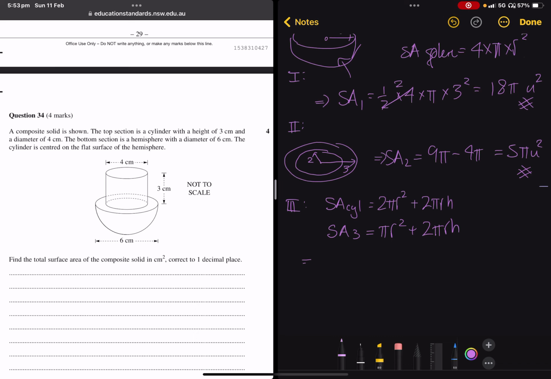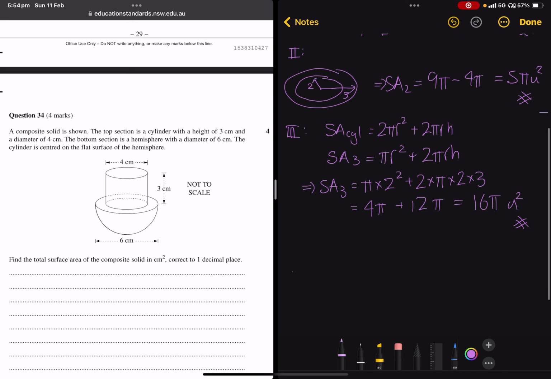So surface area 3, the composite of the two involving the cylinder, is pi times 2 squared plus 2 times pi times 2 times 3. This is 4 pi plus 2 times 2 is 4, times 3 is 12, plus 12 pi. So this is going to be 16 pi, in units squared.